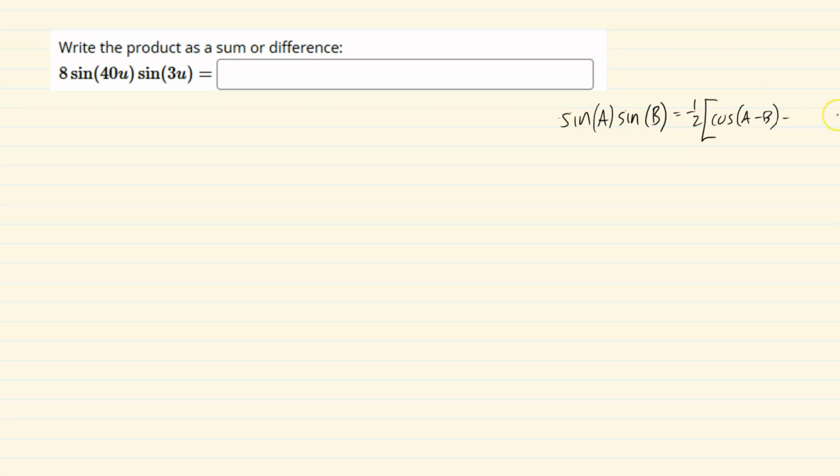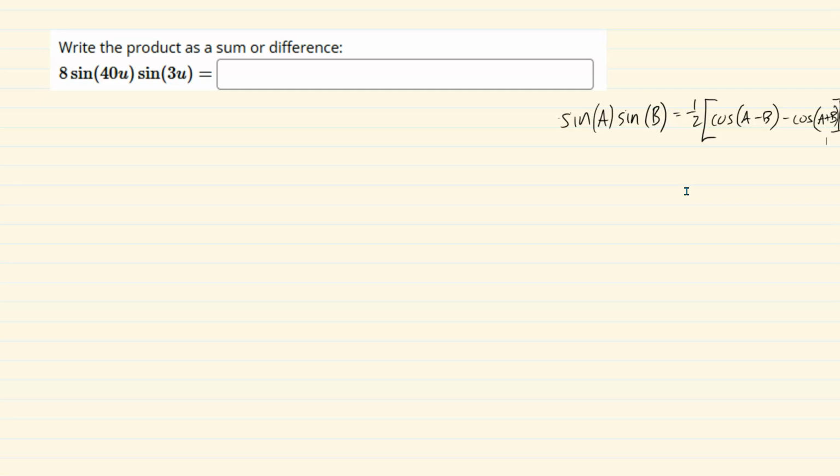Minus cosine of A plus B. Okay, so there's our identity that we're going to be working with.